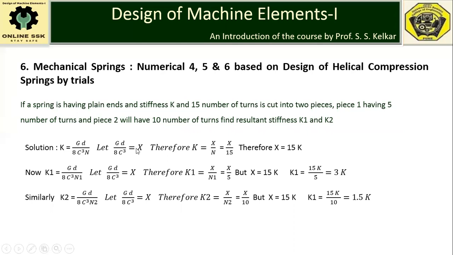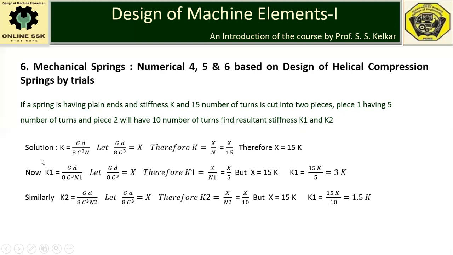Let us denote it by x. So K is equal to x divided by n. The original spring has 15 turns, so K is equal to x upon 15. Therefore x is equal to 15 times K.